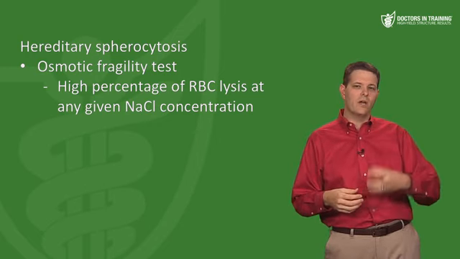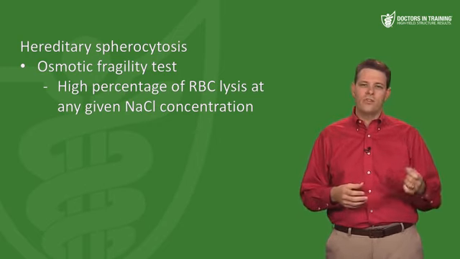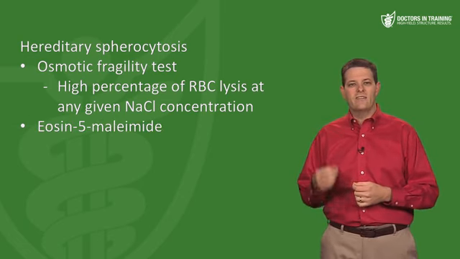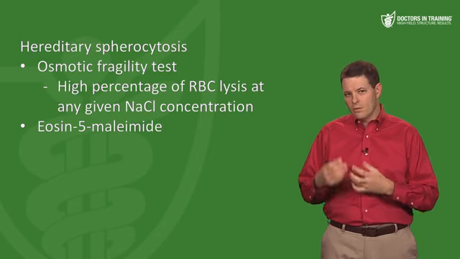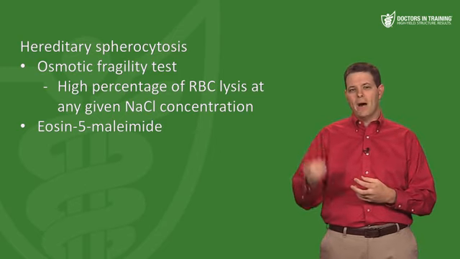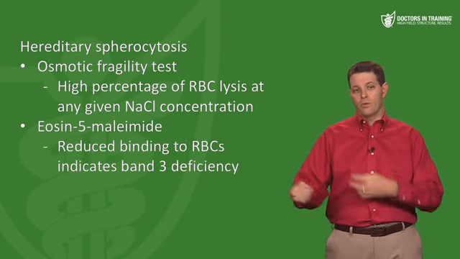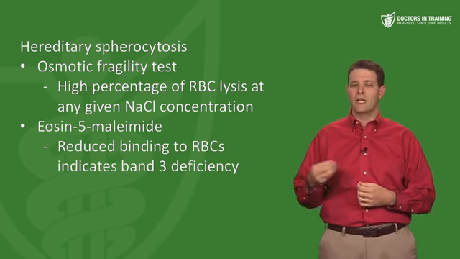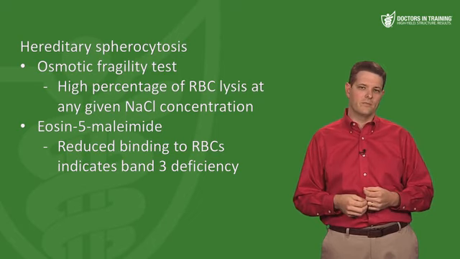So again, that's the osmotic fragility test. There are also newer tests that you might see as well. For instance, you can add a dye called eosin 5-maleimide to the red cells, and that's going to normally bind to the band 3 protein. So reduced binding of this dye indicates a band 3 deficiency, and that suggests a diagnosis of hereditary spherocytosis.